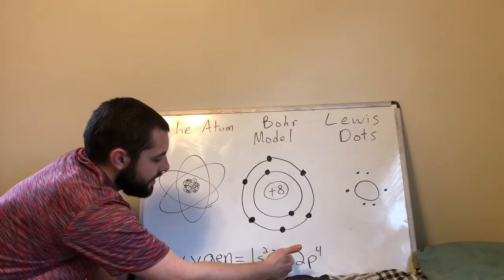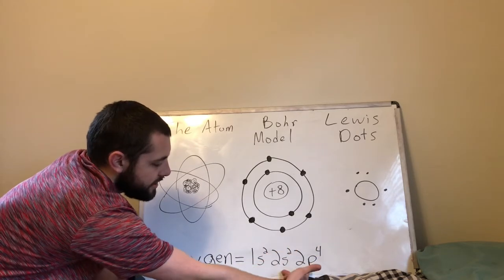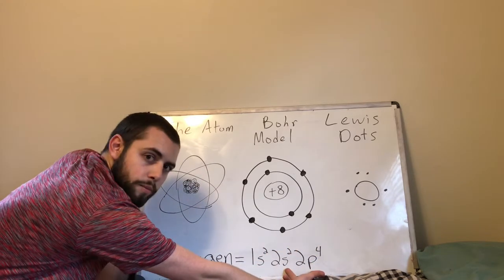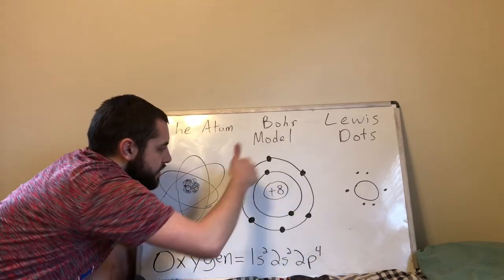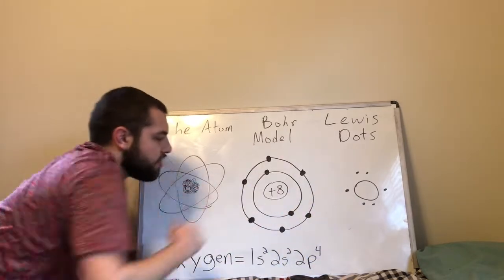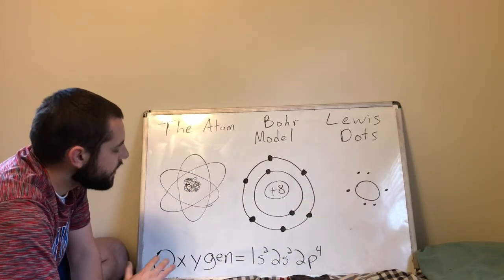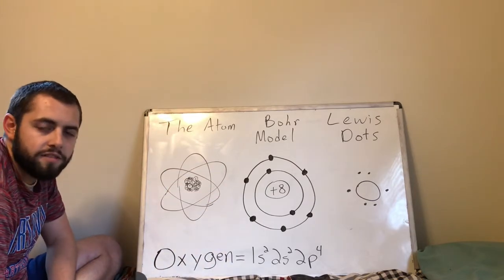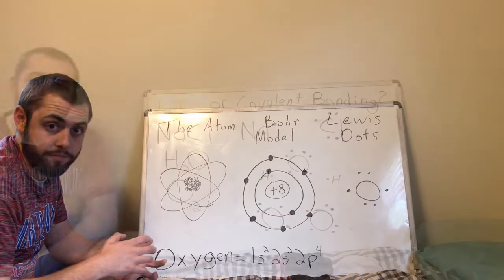I only showed these 6 valence electrons. I don't need to distinguish between s and p orbitals. These are all in the same valence shell, so I can just draw 6 dots around my O for oxygen there. These are our basics of an atom and how it's put together.